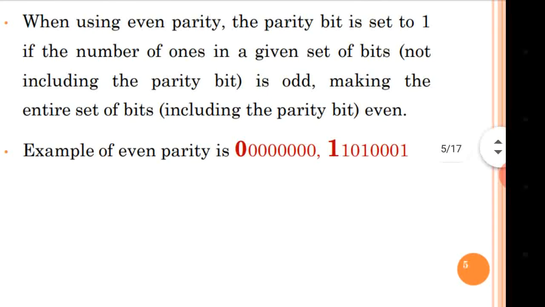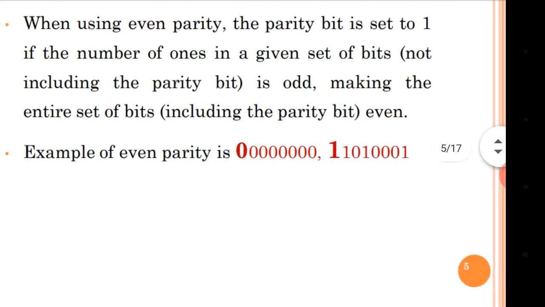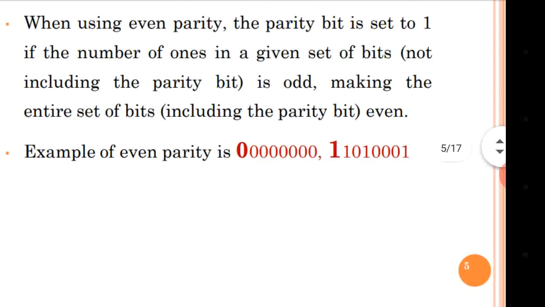Our aim is to make total number of the ones even. So, if you add the leftmost bit, that is the parity bit, as 1, then total number of the ones will be 4, and 4 is an even number. That is why, in order to make the given number an even parity number, we need to add 1 as a parity bit.